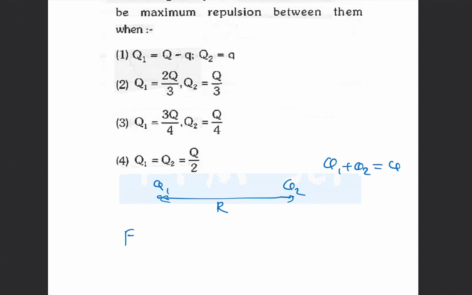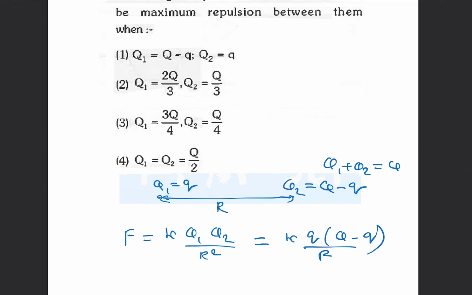So we know that the force of repulsion will be k q1 q2 upon r square. Now let's write q1 as small q, so q2 will become capital Q minus small q. So I will write F is k into q, into capital Q minus small q, divided by r square, which is constant.